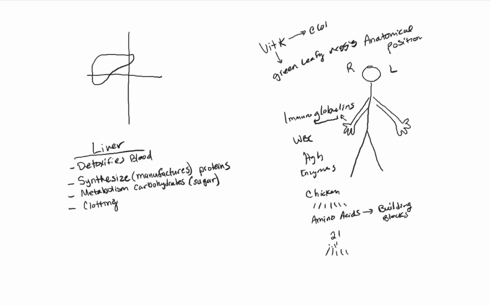When you eat vitamin K in green leafy vegetables, all the veins from the GI system take the vitamin K to the liver, and your liver makes clotting factors, which are building blocks to clot, off of vitamin K. Does that make sense?